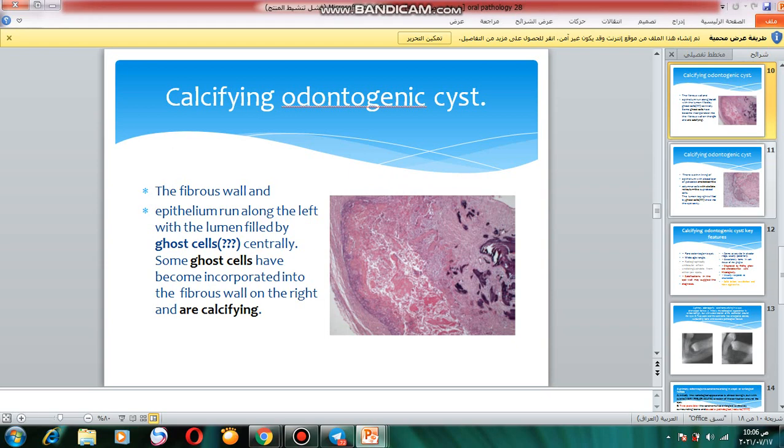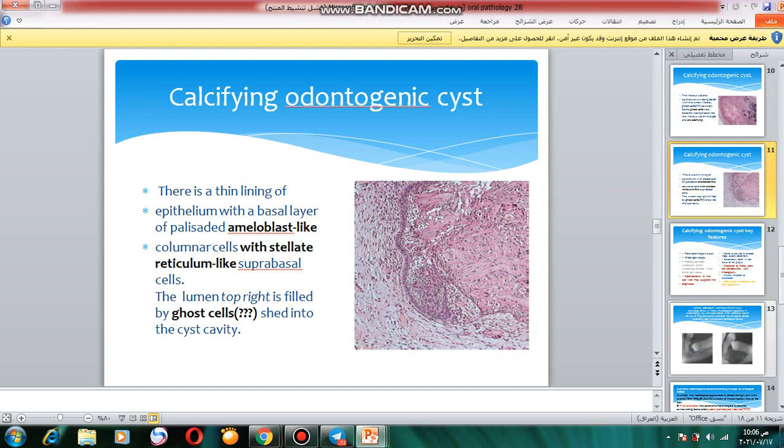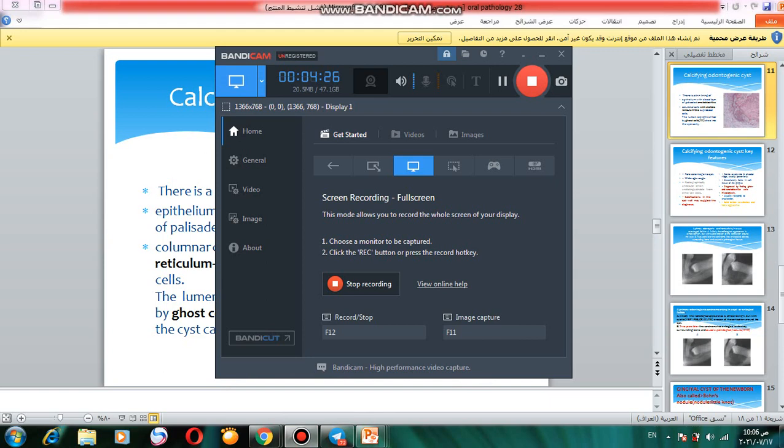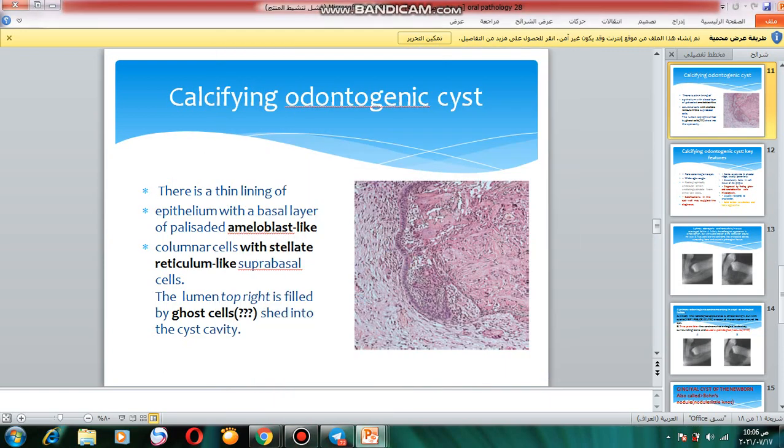Slide number 11. Histopathological features of calcifying odontogenic cyst. Here, the basal cell layer has the pathognomonic feature of ameloblastoma, which is reverse polarization, and it also has stellate reticulum-like suprabasal cells.